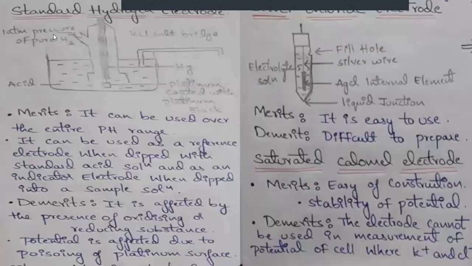Coming to the standard hydrogen electrode, what is its construction? This is the standard hydrogen electrode construction, right? Here we have a narrow tube, and through this narrow tube the platinum wire is passed. At the end of the platinum wire there is platinum black. What is this platinum black?